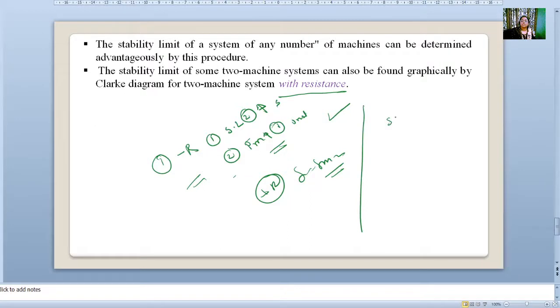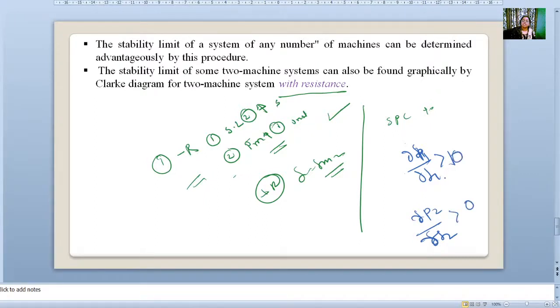The synchronizing power coefficient should always be positive. That means the partial derivative of P1 with respect to delta 1 is greater than 0, and the partial derivative of P2 with respect to delta 2 is greater than 0.